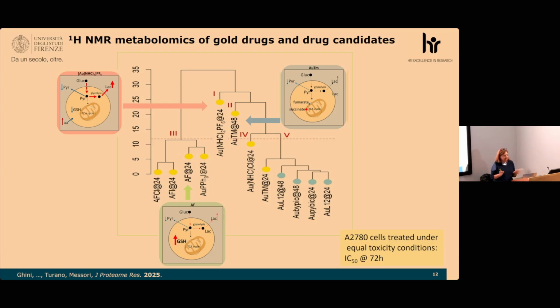But staying on the aspect of NMR, these are the effects that are induced in certain ovarian cancer cell lines. We are trying to reproduce this, and we are observing the same effects in a different ovarian cancer cell line. But these drugs are not selective.